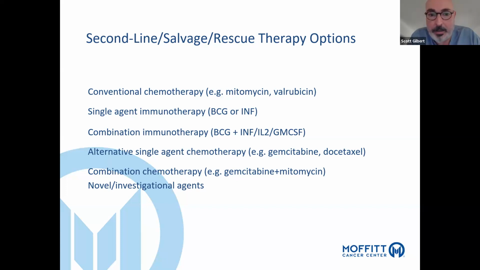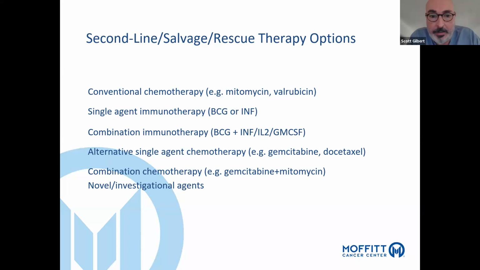So it's not infrequent in my clinic where someone comes in with BCG unresponsive disease and they're not ready for surgery and they want to try something. And so these are the different somethings that we can try. They're a combination of conventional chemotherapies given as intravesical therapies as either single agent or dual agent, also known as sequence therapy. There was some data, and it was much more in vogue in the 90s and early 2000s, to give combined immunotherapy with BCG plus interferon.